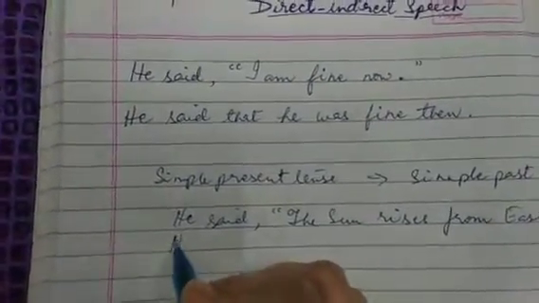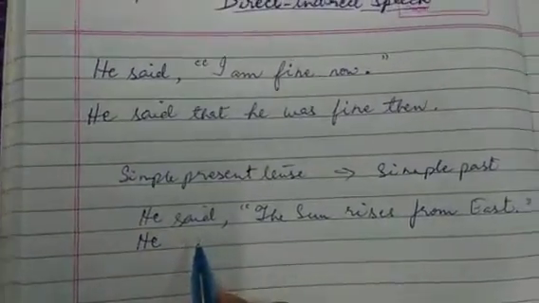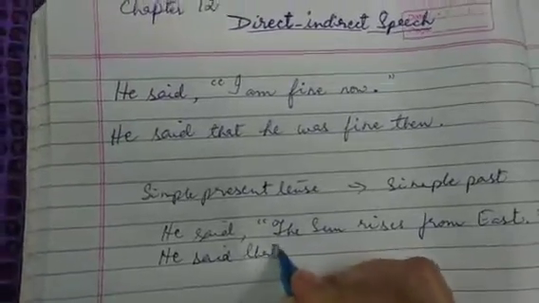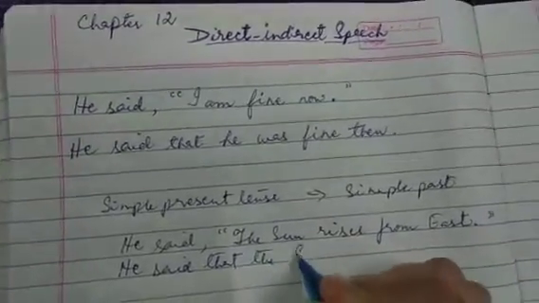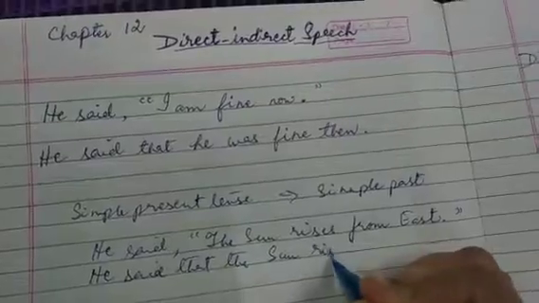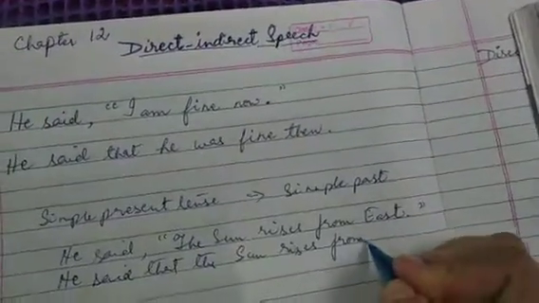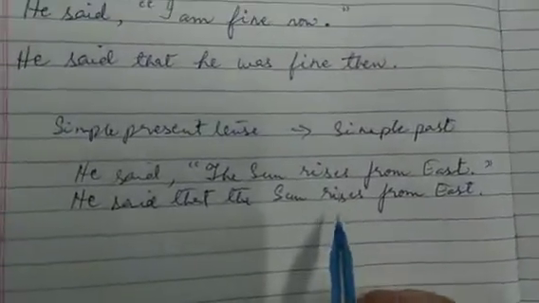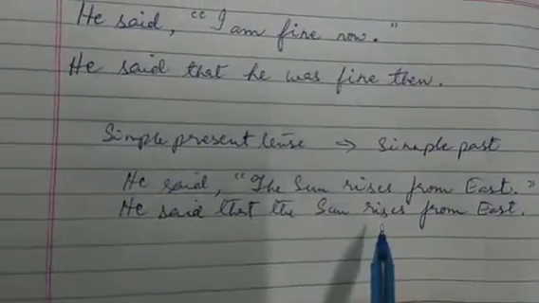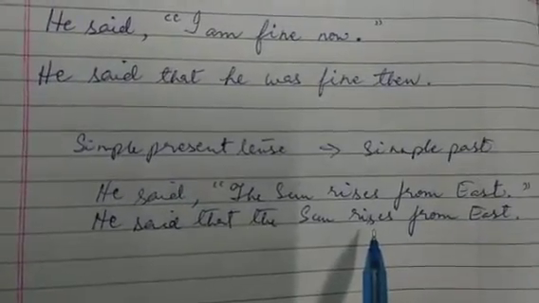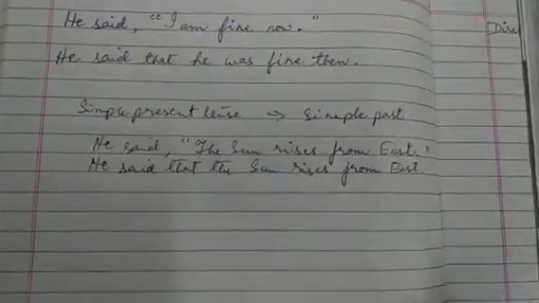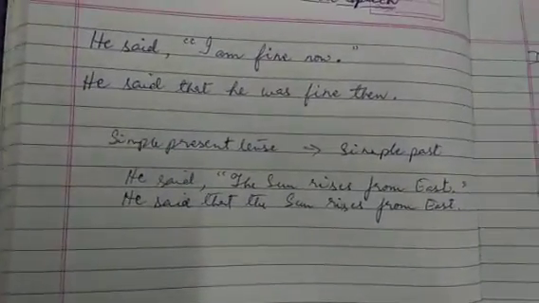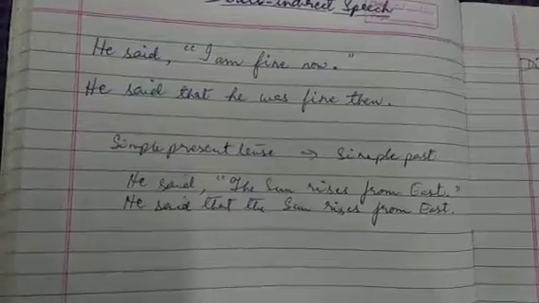If we are asked to convert it into indirect speech, it will be, he said that the sun rises from east. So this is a natural phenomenon happening every time, so we cannot change the tense of it. So we need to remember that simple present tense does not always change into simple past.